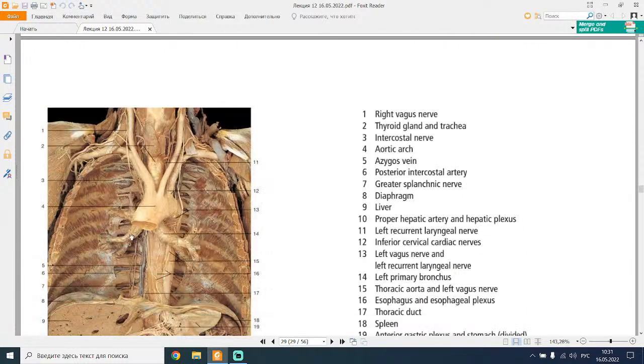What you see? Truncus brachiocephalicus. This is arteria communis carotica dextra, arteria subclavia dextra. This is arteria communis carotica sinistra.